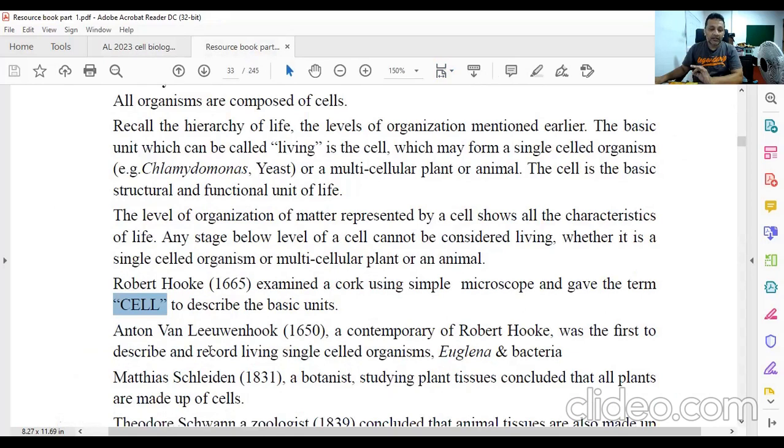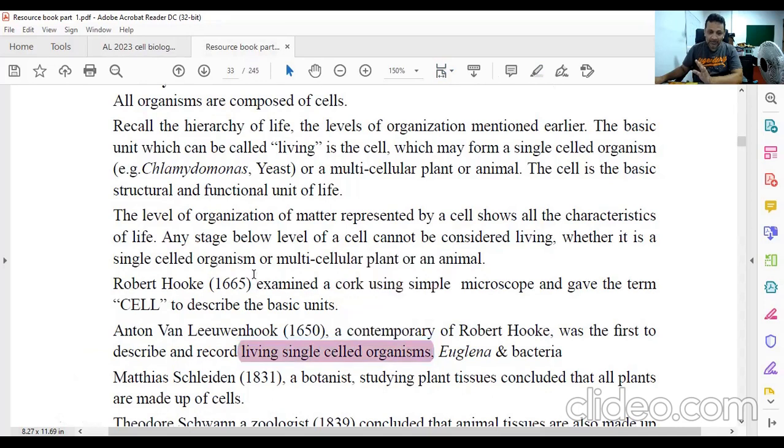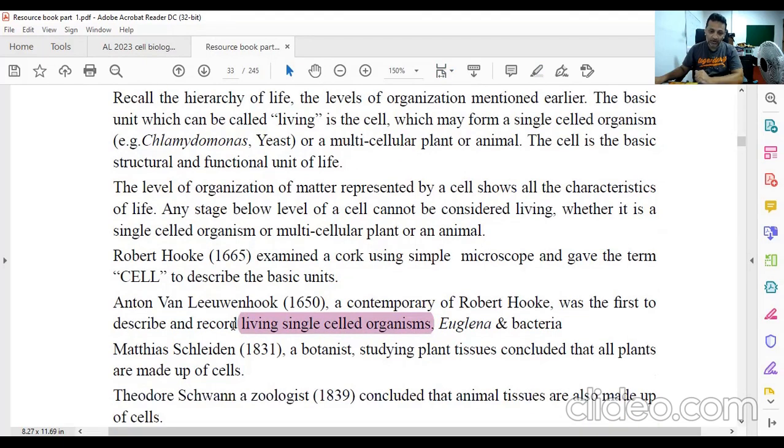He is the person who was first to describe and record living single-celled organisms. Unicellular organisms were described by Anton van Leeuwenhoek.